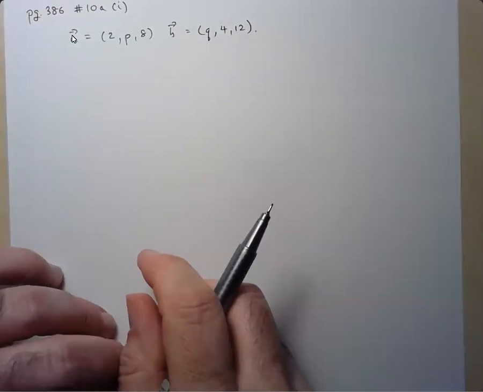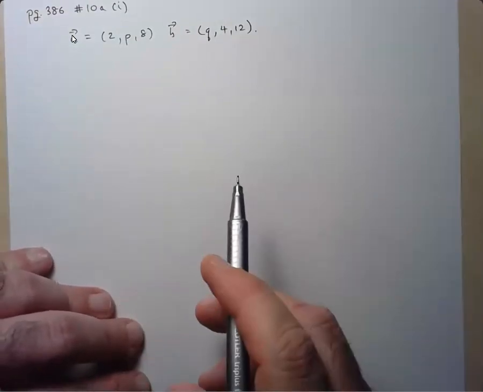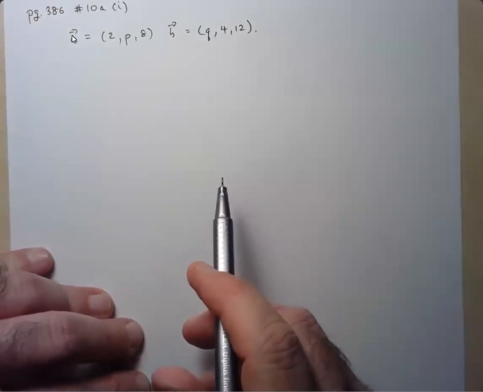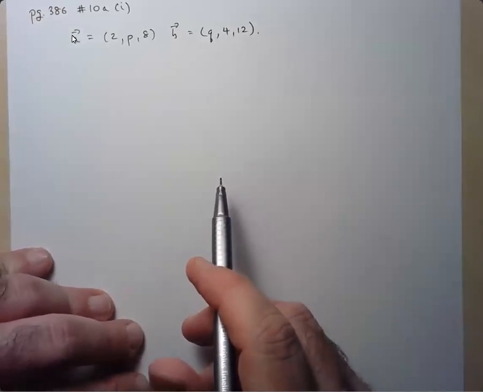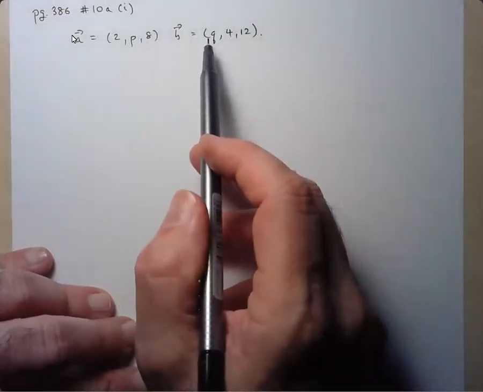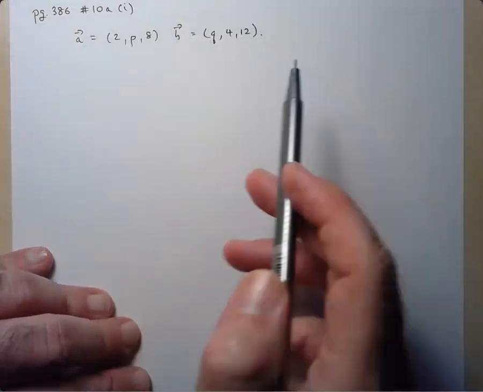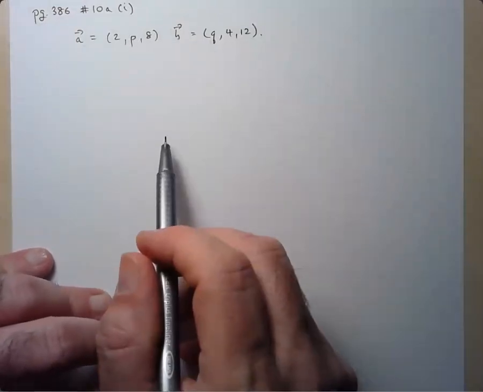Okay, so in 10B, part 2 asks you to determine what values of P and Q make these things perpendicular. So you would just use what we saw earlier. You would take the dot product, make it equal to 0, and then see what happens.